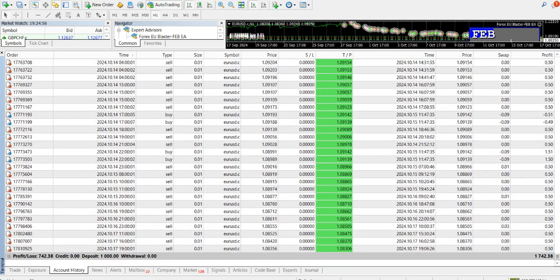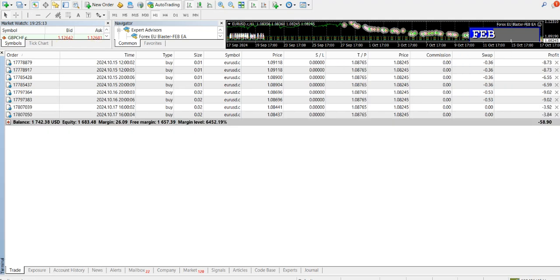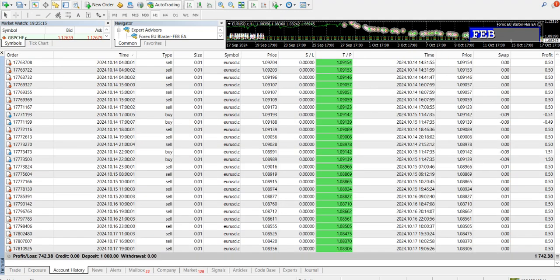Anyways, this is the current situation guys. We have made 742 in 6 months. Okay, and let me show you the current trade history as well. There are currently a few trades going on, and let me take you to MyFxBook.